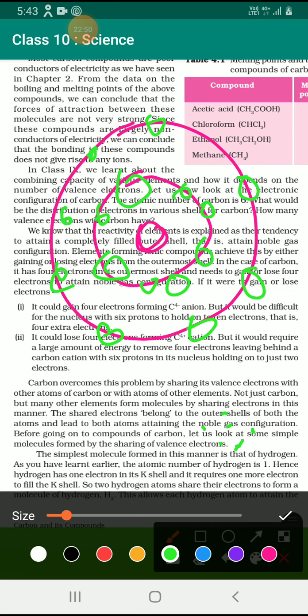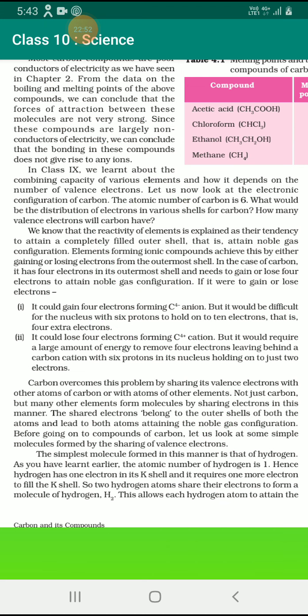So they do not form any covalent bond or any sort of bond with any other element, right? We know that the reactivity of an element is explained by its tendency to attain a completely filled outermost shell, that is, attain a noble gas configuration. This arrangement is called configuration. Okay, the meaning of configuration is arrangement.